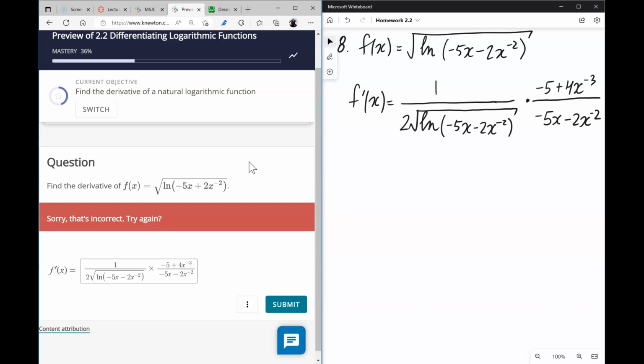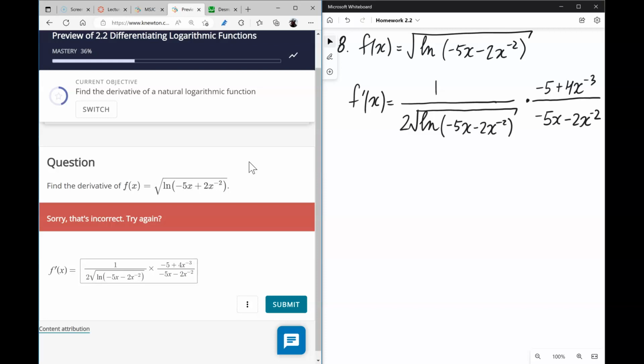It's 1/2 x to the negative 1/2 times the derivative of ln, which is 1 over the input, times the derivative of the input, which is negative 5 plus, oh, is it plus or minus?